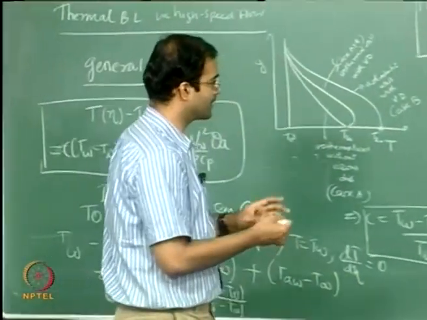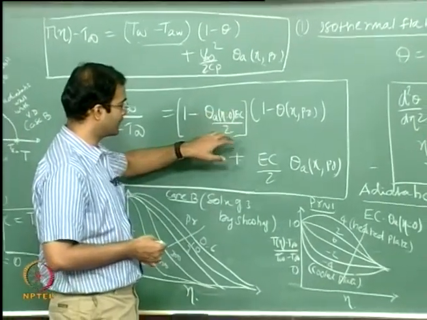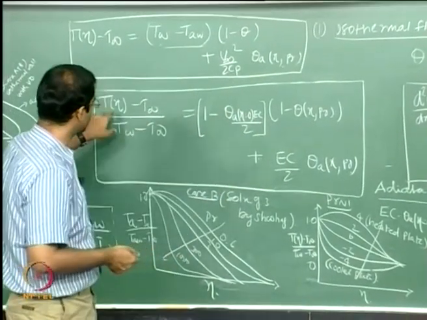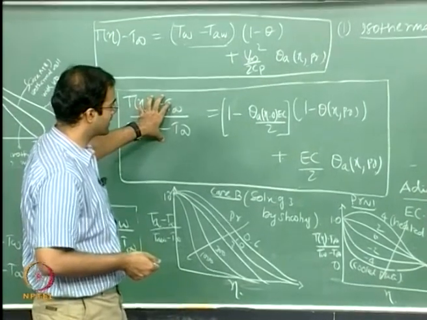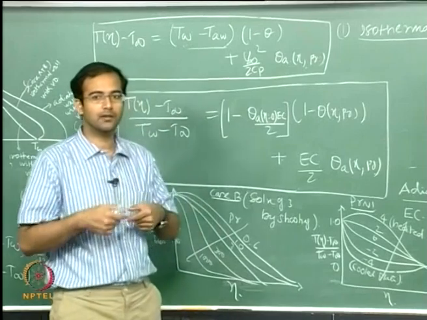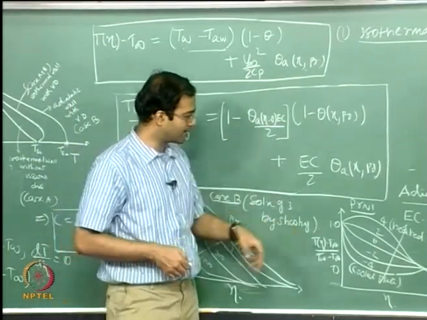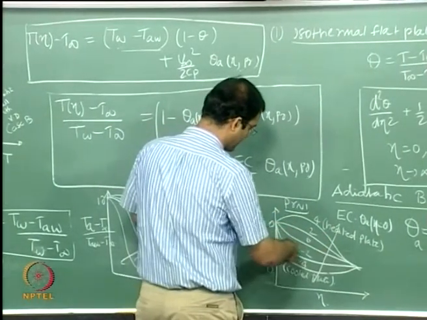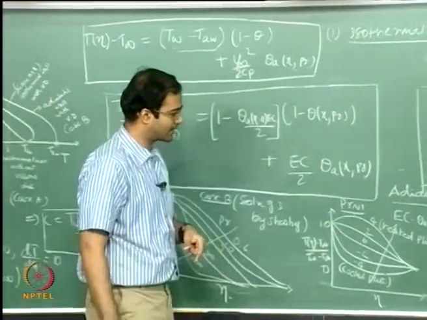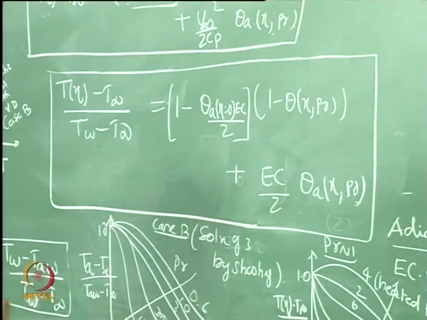You have the Eckert number here, so you fix the Eckert number to some value, fix the Prandtl number, and then plot the variation of this non-dimensional temperature as a function of eta, and this is how it looks. Now there could be different values of Eckert number into theta A. So for a heated plate you have profiles which are like this, for the cool plate you have profiles which are like this. So all this can be verified once you solve this equation by shooting technique.